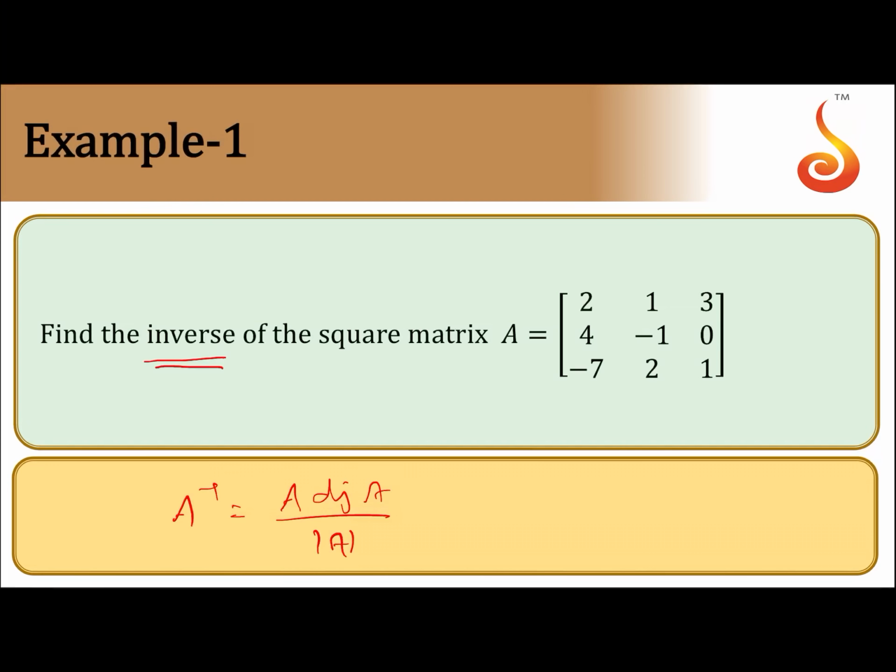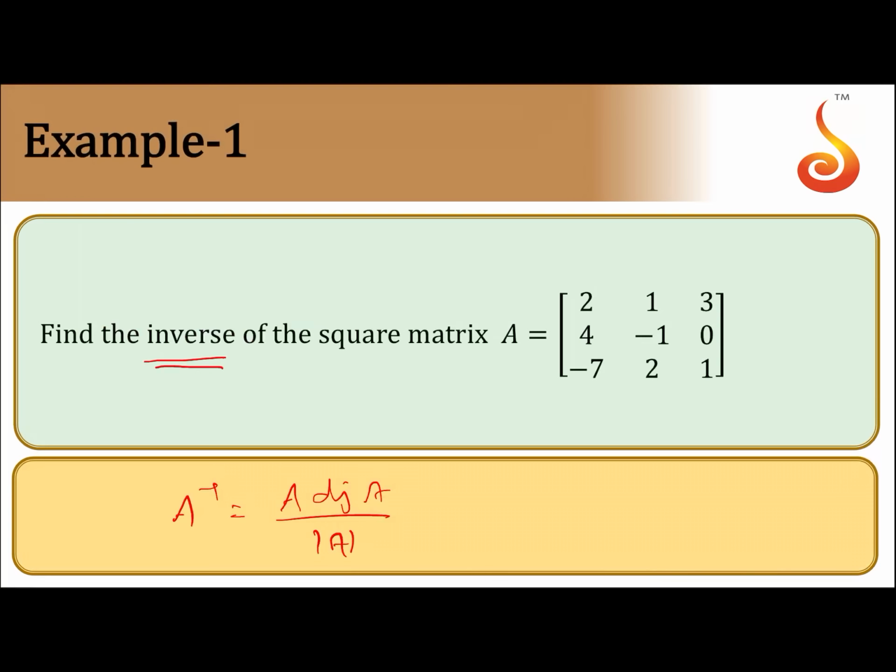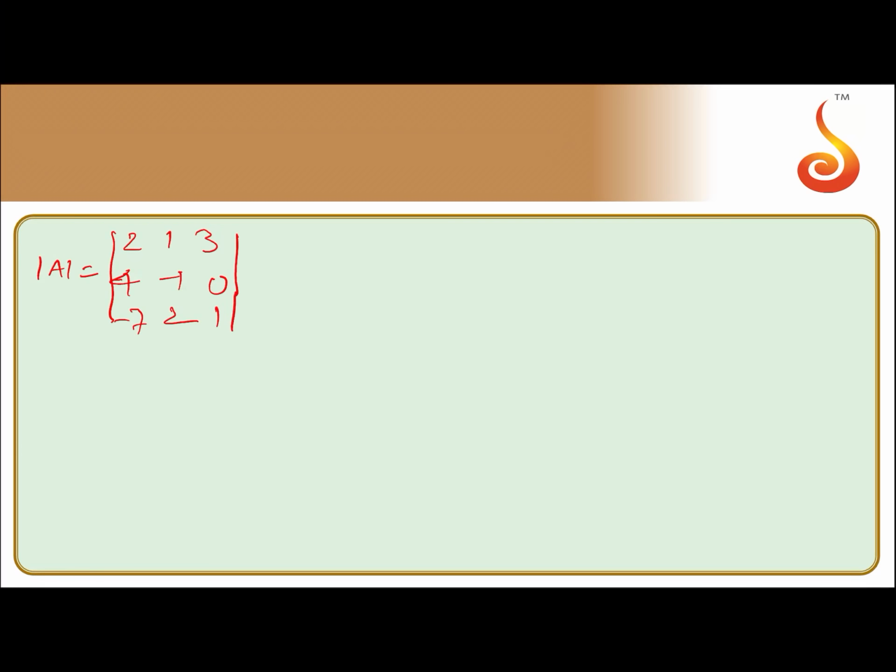Determinant of A is equal to 2, 1, 3, 4, minus 1, 0, minus 7, 2, 1. The determinant value is 2 multiplied by minus 1 minus 1 multiplied by 4 minus 0, plus 3 multiplied by 8 minus 7, which is 1.